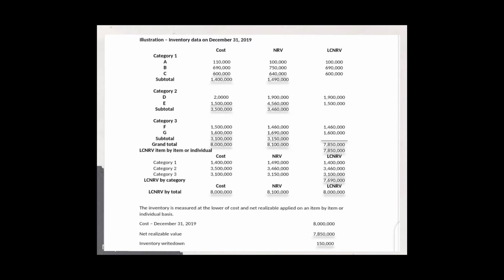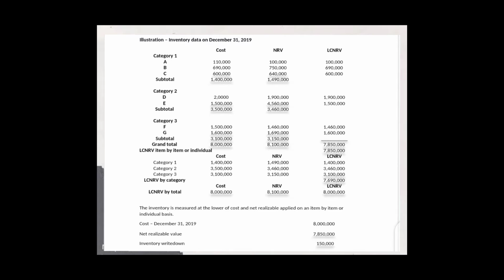So, sa pagkuha ng LCNRV, yan yung lower of cost or net realizable value. So, yung lower, dapat ang kukunin. Ganon din sa A, B, C to G. So, dapat item per item basis. So, ang grand total ng LCNRV is 7,850,000.